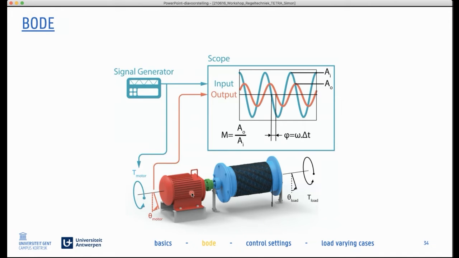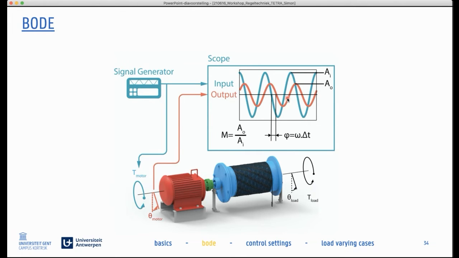So this is a general system. We have the input, the torque, we have the output, the position of your rotor, for instance, or the speed. You see that by putting in one certain frequency, at the output you will also have a certain frequency. You will have the same frequency. You use a system, you put in one certain frequency as an input, you will get the same frequency as the output.